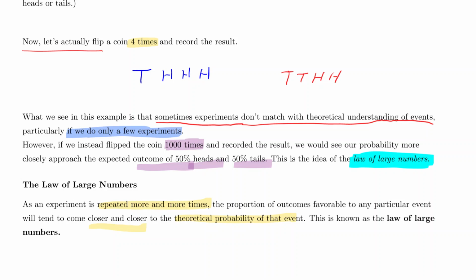That's also the same for a die. If we roll a die 1,000 times, those 6 numbers should have an equally likely chance of being selected, coming closer to the theoretical probability of 1 over 6. You might not get exactly 1 over 6 if you only roll 50 times, but as we do more and more, we get closer to the theoretical probability.